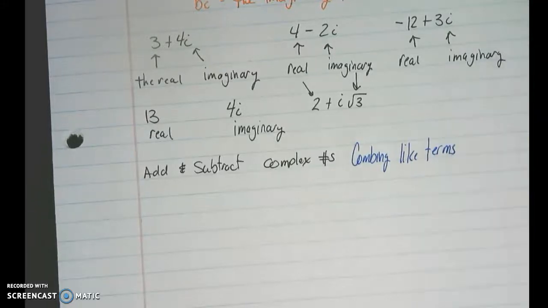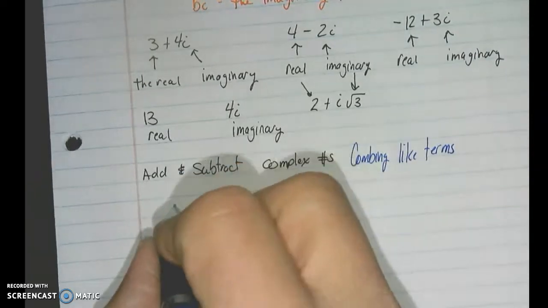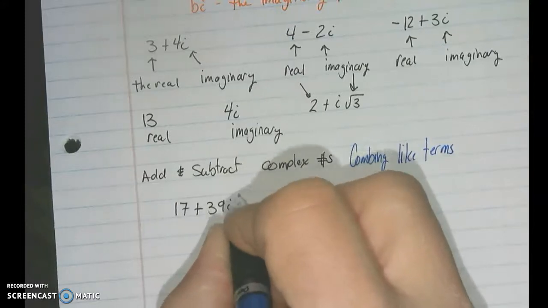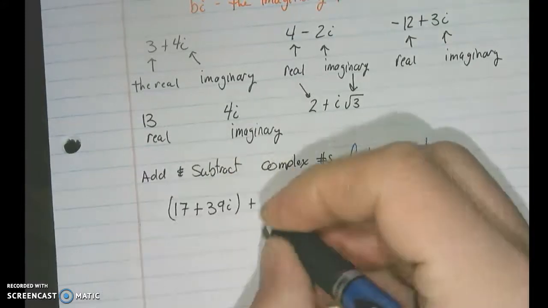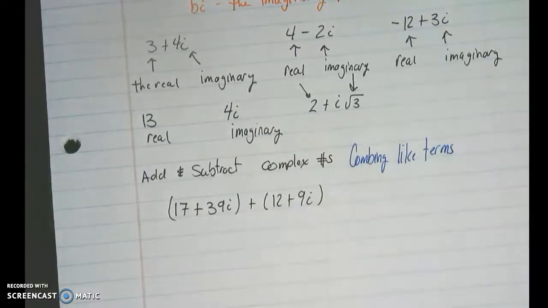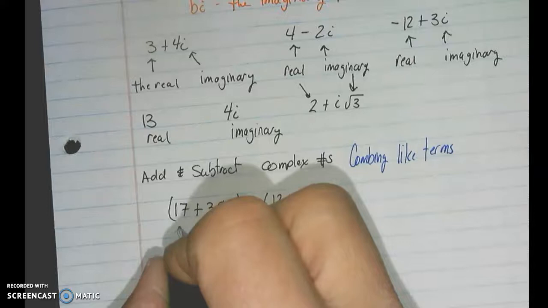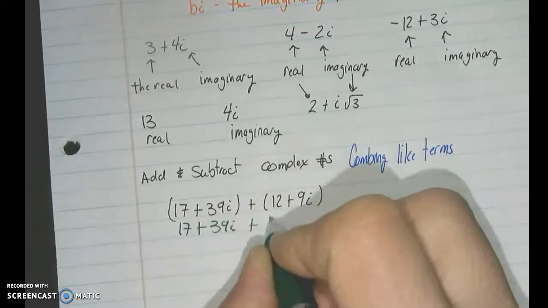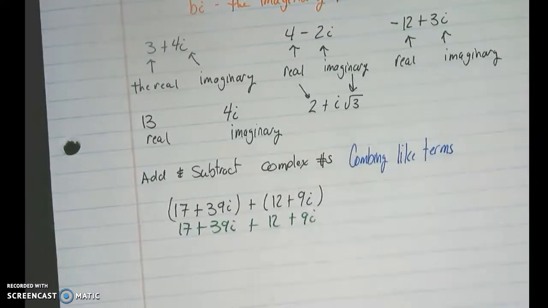Okay, I think it's easier just, instead of giving you the definition, to kind of show you and talk about it. So we're going to have 17 plus 39i plus 12 plus 9i. All right, so we're doing complex numbers. We'll go like this. So there's the first step, and then I'm going to rewrite this.